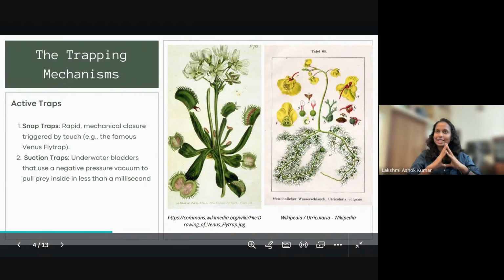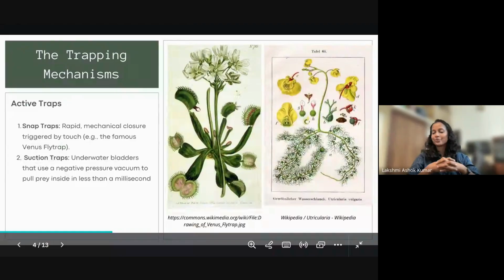Venus flytrap is the most enchanting carnivorous plant, I would say. People are very attracted towards it because it can show you the real action right in front of your eyes within seconds.